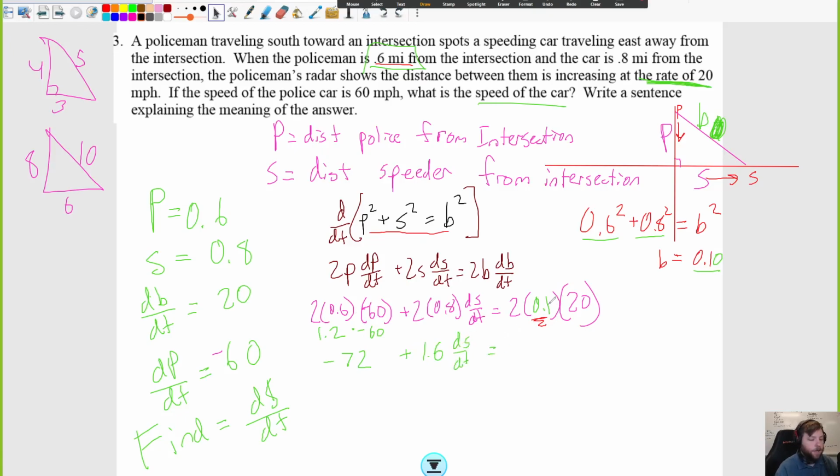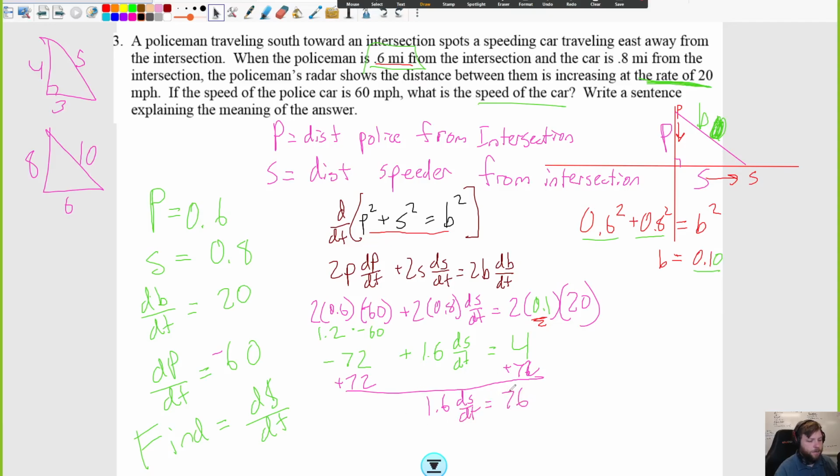I'm probably going to want a calculator at some point. 0.1 times 20 is 2. 2 times 2, that should be 4. And now I'm going to add 72 on both sides. 1.6 ds dt equals 76.